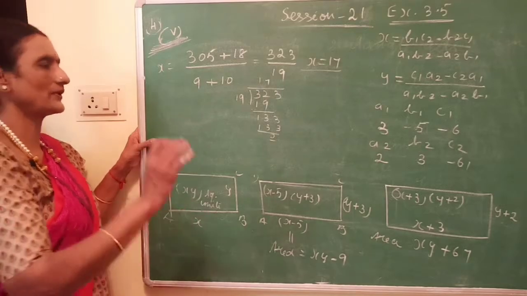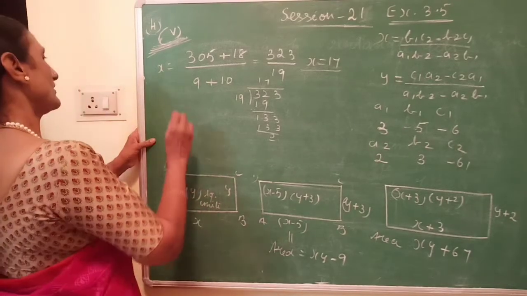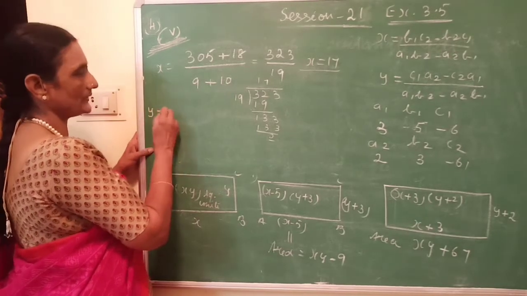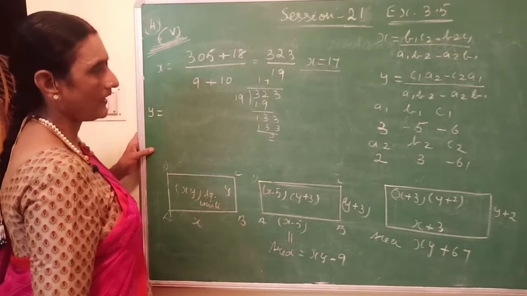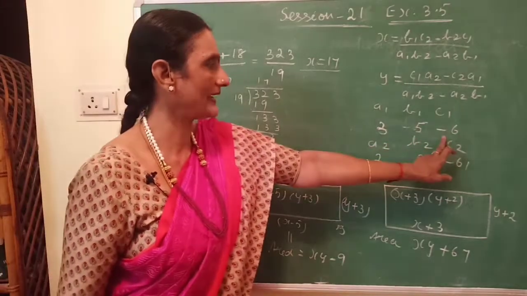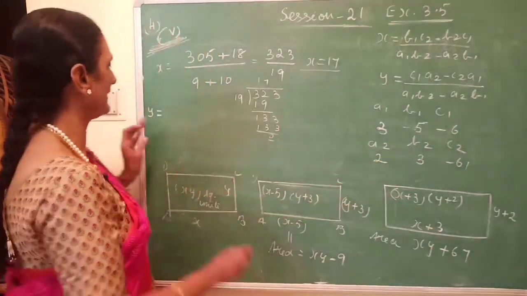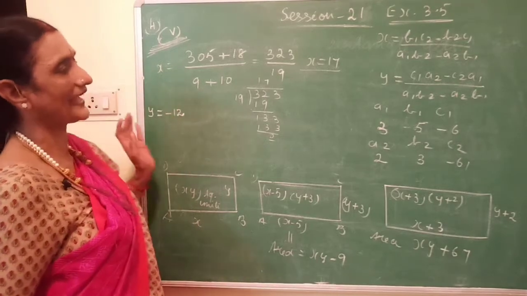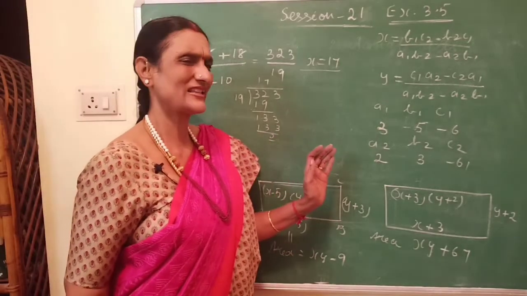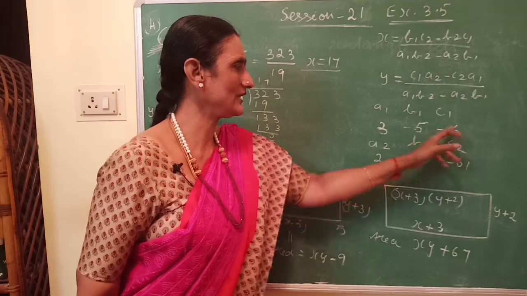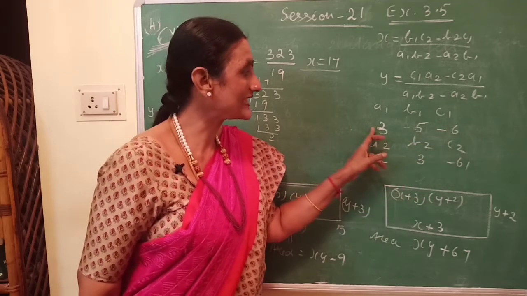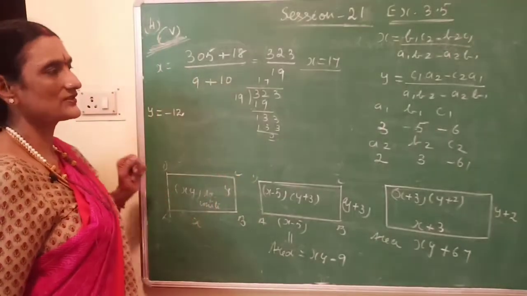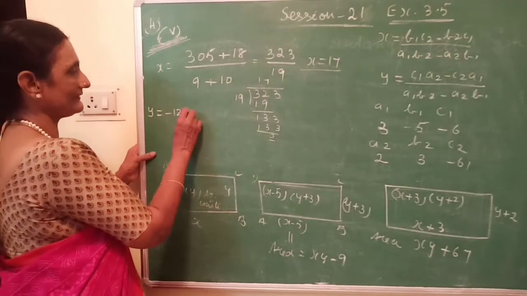Okay, now we will proceed with the second. If you go for the second value, y is equal to c1 a2. What is c1? This is minus 6. a2 is plus 2, so it is minus 12. You have to be a little more careful when you are dealing with such numbers. c1 a2 minus c2 a1. 3 into minus 61 gives you what?